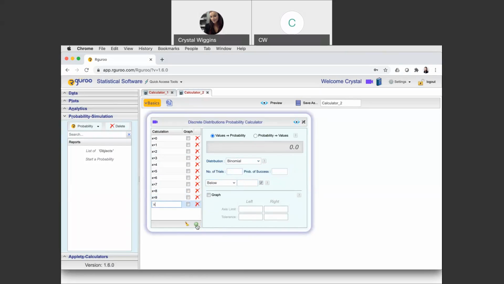X equals 10, almost done. 12 trials, probability of success, equals and 10. Notice this negative number is getting bigger and bigger, which means the decimal place is moving over farther and farther to the left, which means the probability is getting smaller and smaller as we continue. Okay, 11.